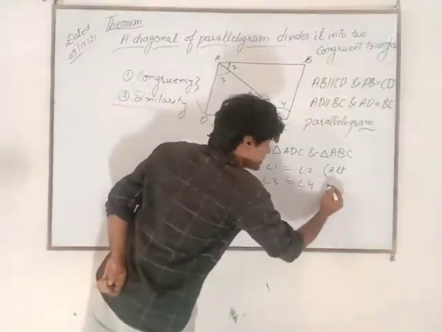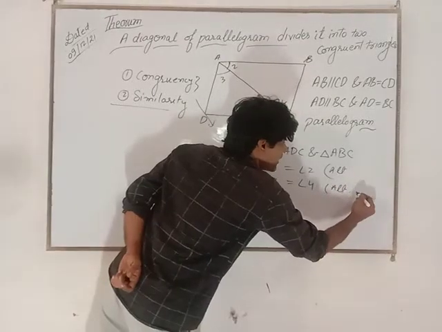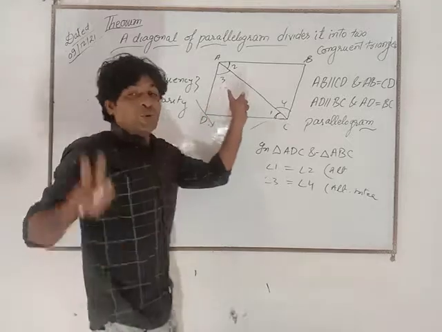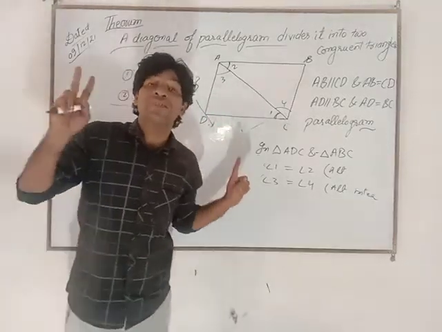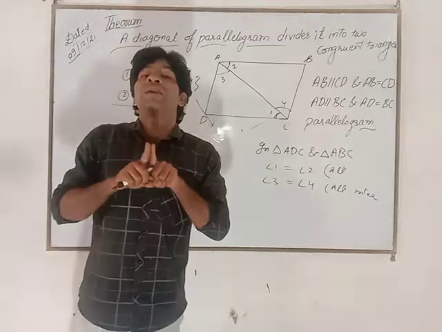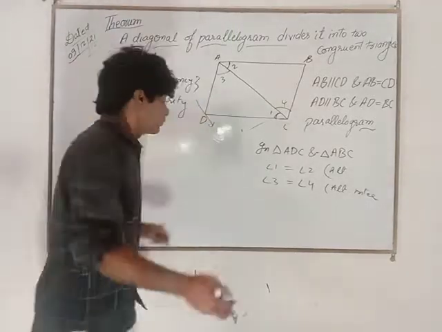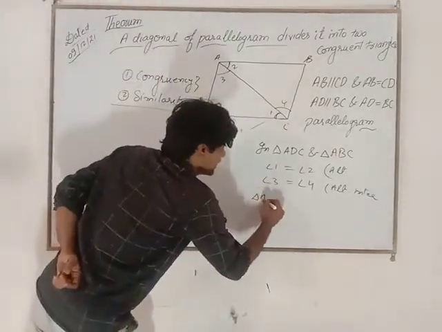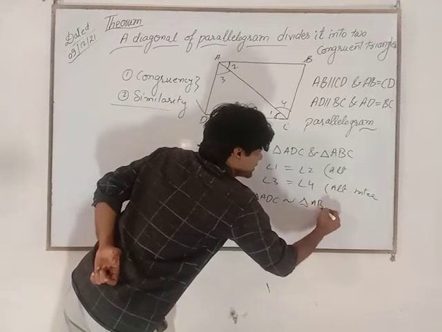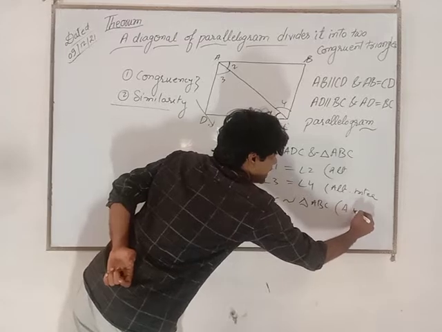This is also alternate interior angles. Now if two corresponding angles of the triangles are equal, then both triangles will be similar by the AA corollary. So triangle ADC will be similar to triangle ABC by the AA corollary.